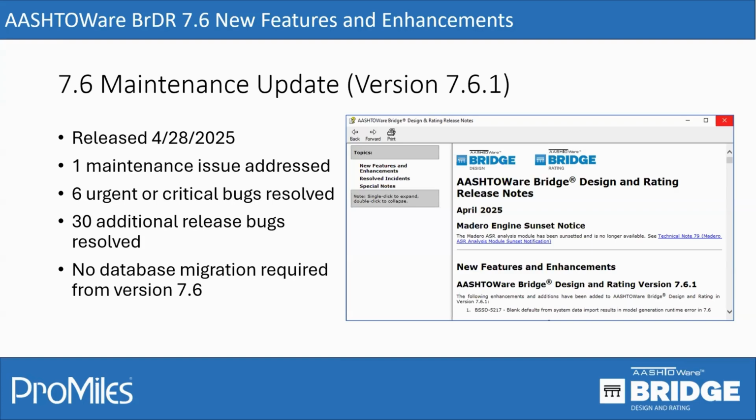This update addresses one maintenance issue, 6 bugs that were classified as urgent or critical, and then 30 additional release bugs. This update does not require a database migration, so you can just download this update and install it, and it'll address these issues without the need for database migration.